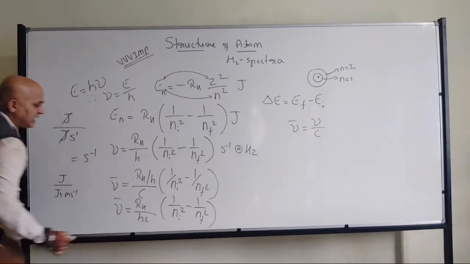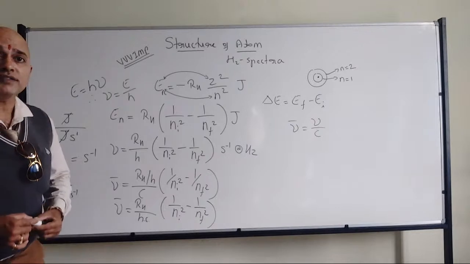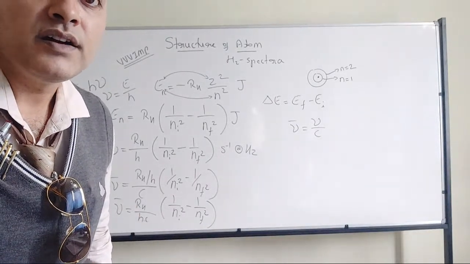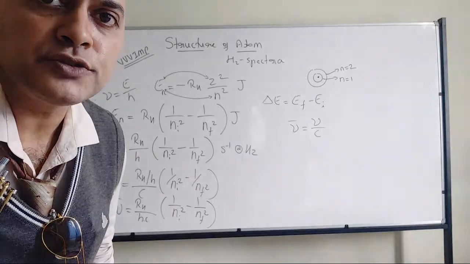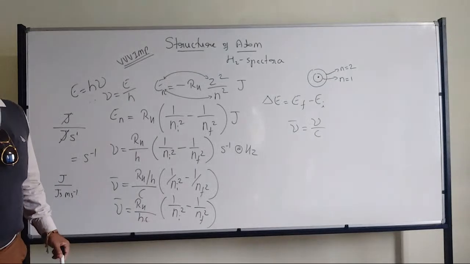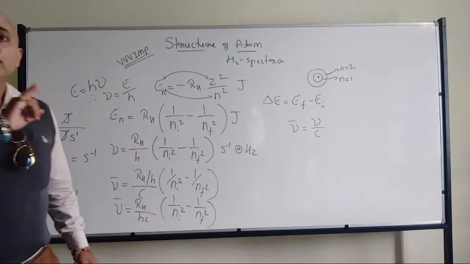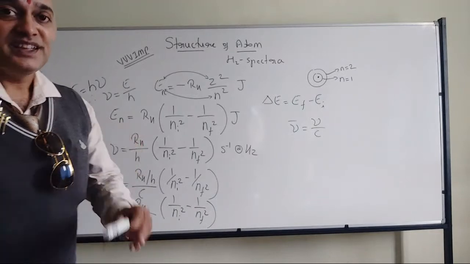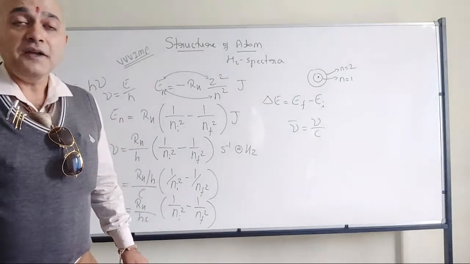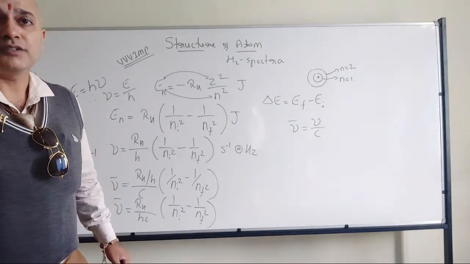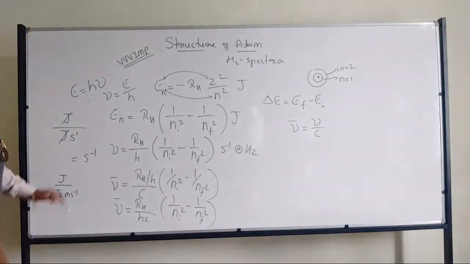Why meter per second? Because C is speed of light. Should we remember only the equation, no derivation? That's what I am telling Yagnesh. Don't remember the derivation. Means if you know, no need to worry, but to write it in the exam, no need to remember. Okay? So only the equation you should know.